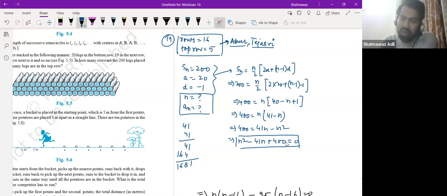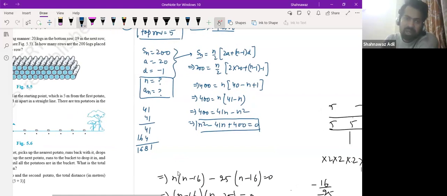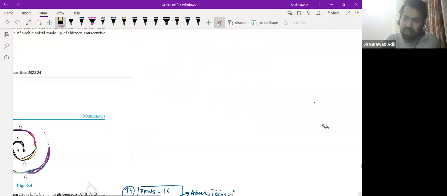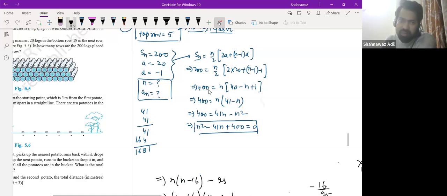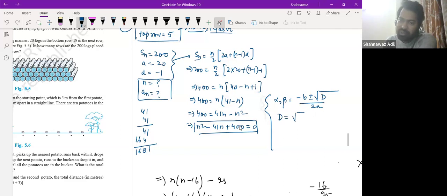Okay, so let us use the quadratic formula. What is the quadratic formula? Alpha and beta are equal to minus b plus minus root of D by 2a, and D is b square minus 4ac.